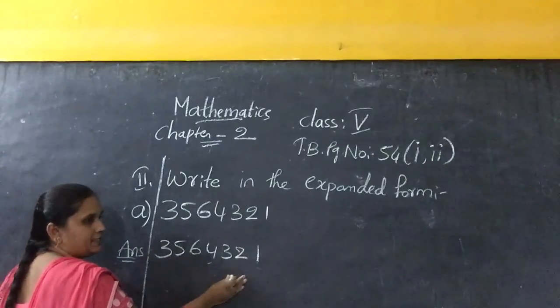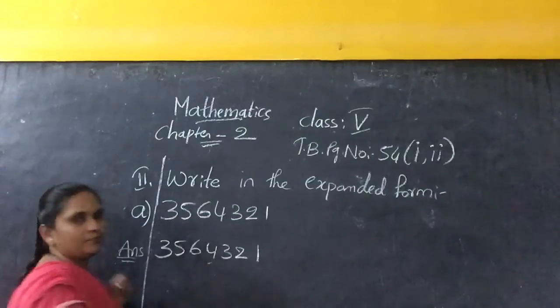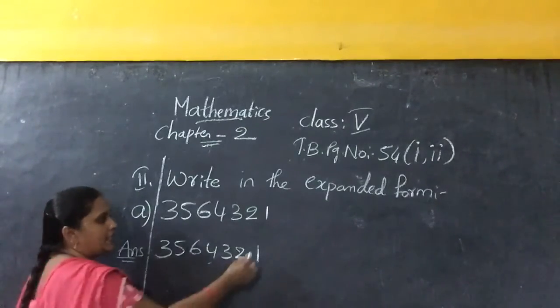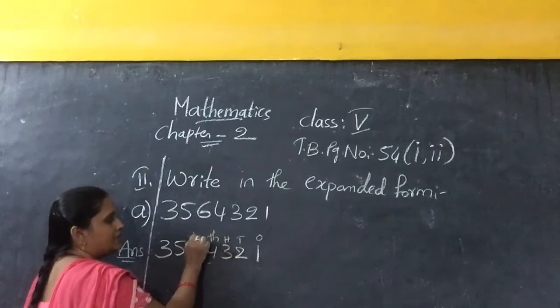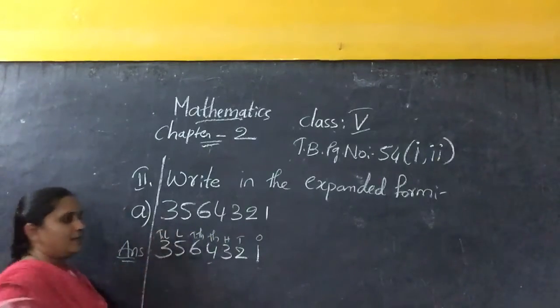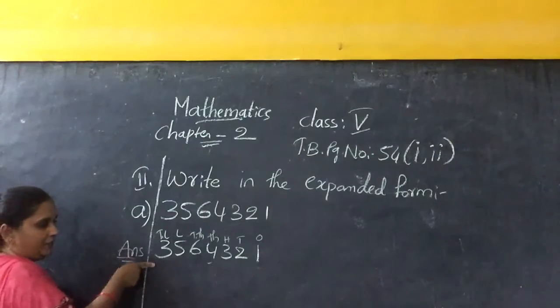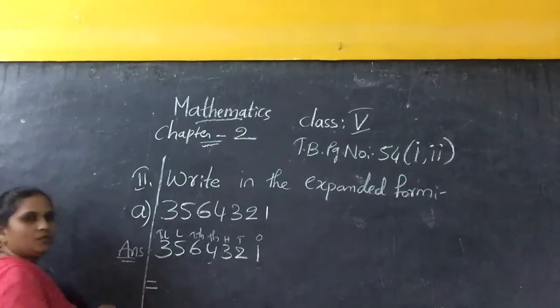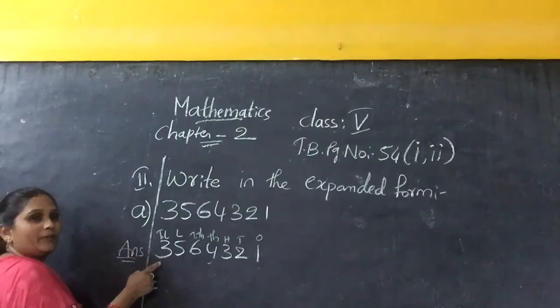And above these digits, write the place values from the right hand side to the left. Start writing: ones, tens, hundreds, thousands, ten thousands, lakhs and ten lakhs. After that, leave one finger gap and put is equal to, and start writing the numbers from the place value of the first digit.